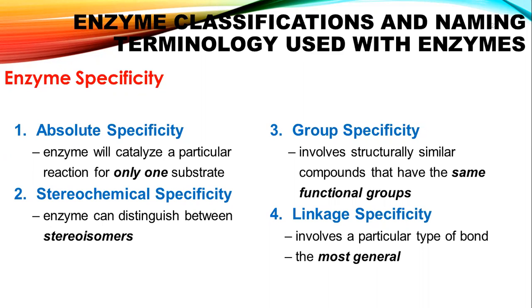Even if only the orientation in space of the functional groups in your substrate is changed, the enzyme can recognize that. Third, there is what we call group specificity. It involves structurally similar compounds that have the same functional group. It will catalyze a particular reaction for only one substrate, but when there is a similar structure with similar functional groups to your substrate, it can also catalyze.